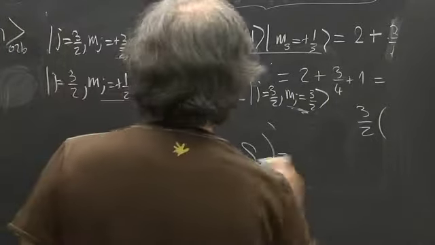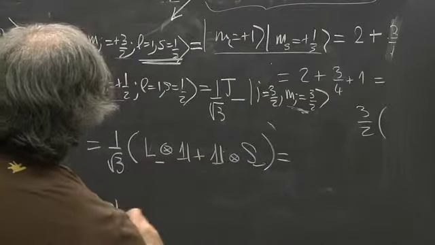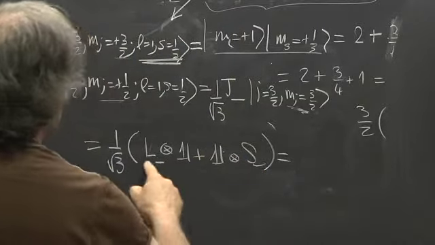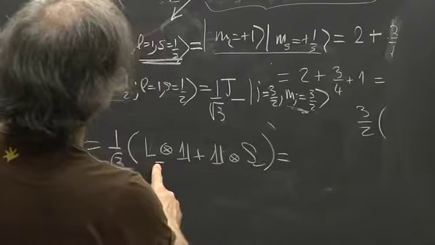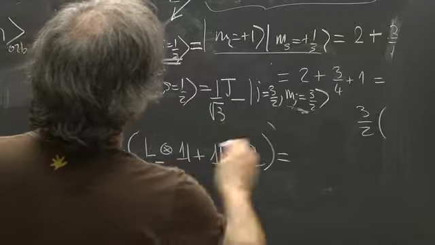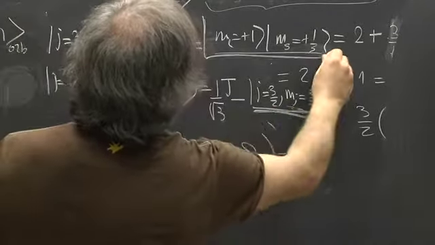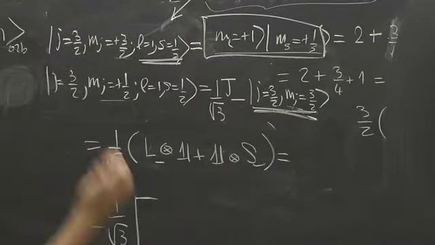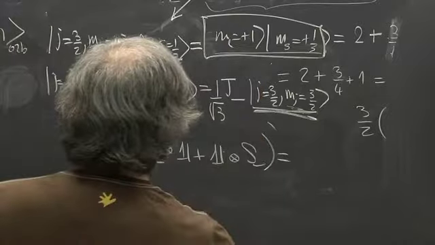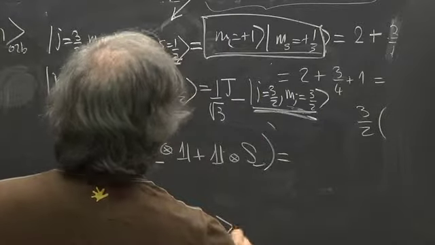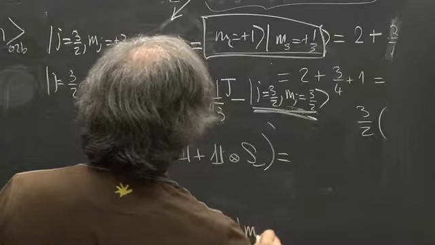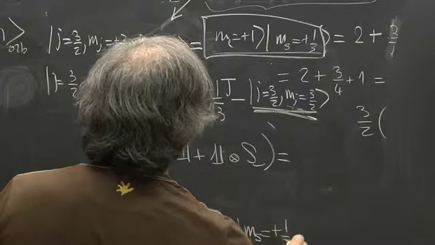Okay? And now you see immediately that when you act with L minus on this, remember, L minus will decrease ML by 1. So we will get ML equal to 0, while the spin is the same, plus 1/2.